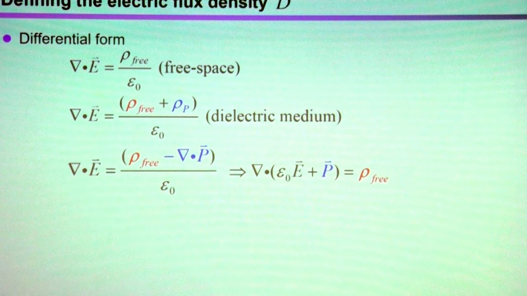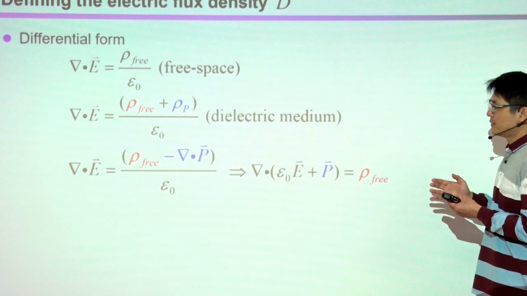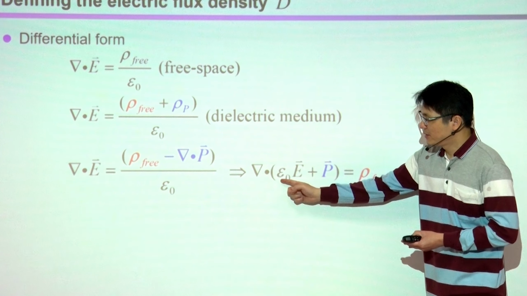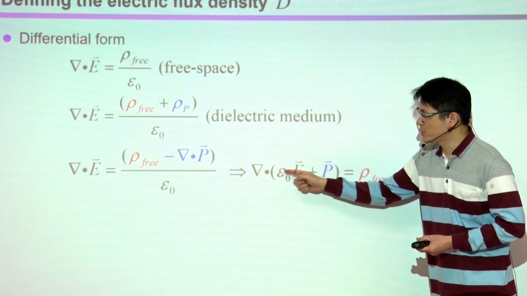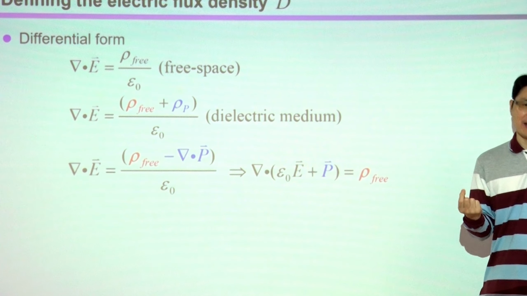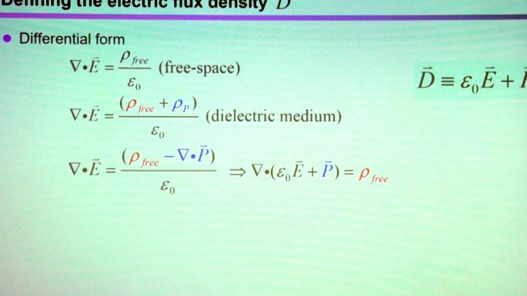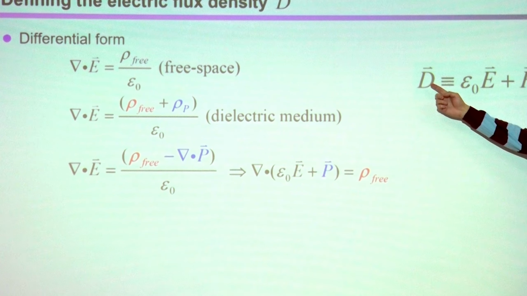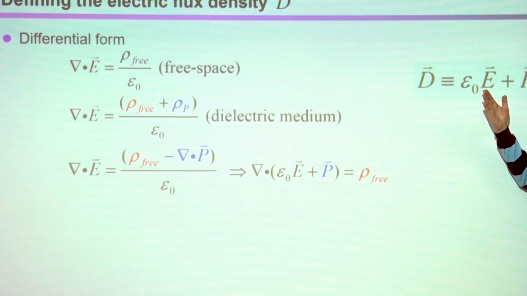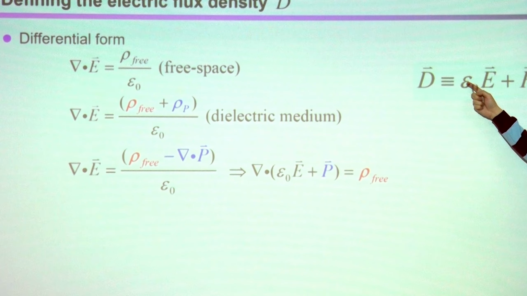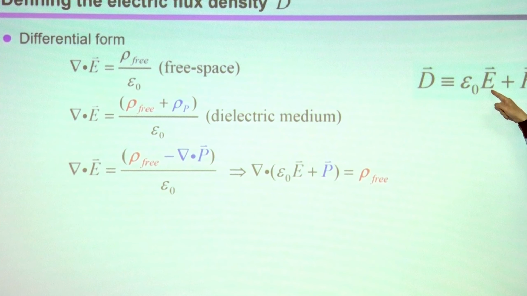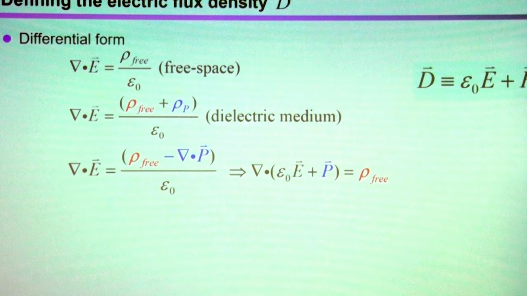So why not define the sum of these two vectors as a new vector, so it's easier for you to write? So why don't we define this D, a new vector field, as epsilon 0 E vector plus P vector?